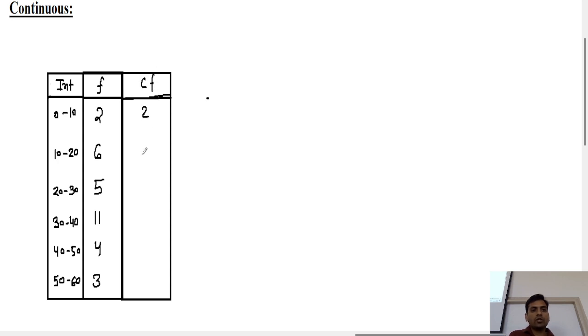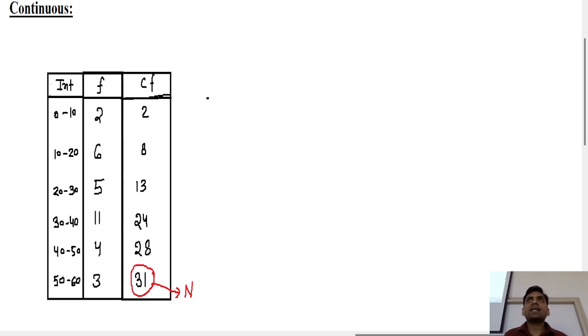So this is 2, next is 8, and then 13, next is 24, next is 28, and after that this is 30. Clear? And this last value is always considered as capital N. Clear? Okay. Now we will see the formula.